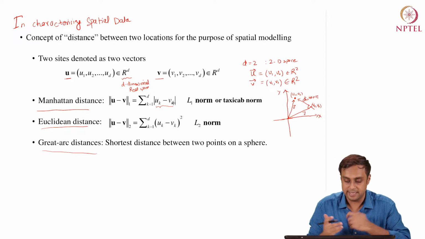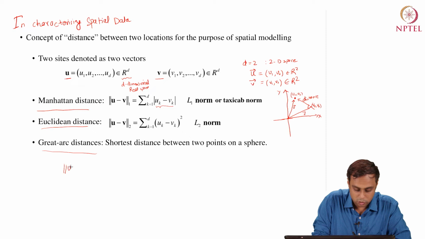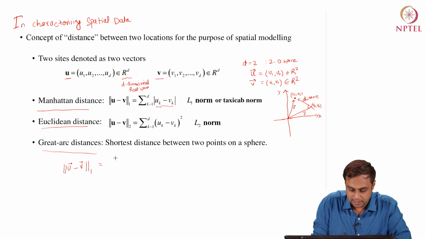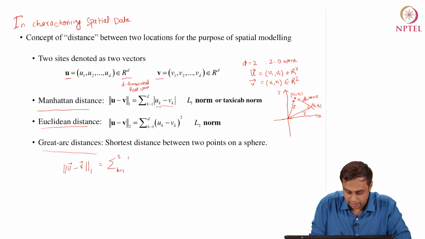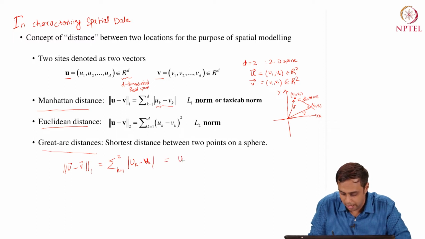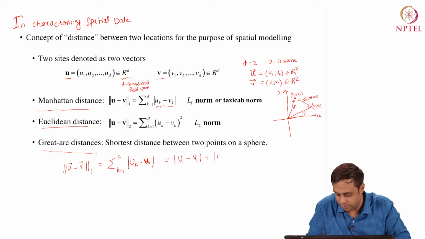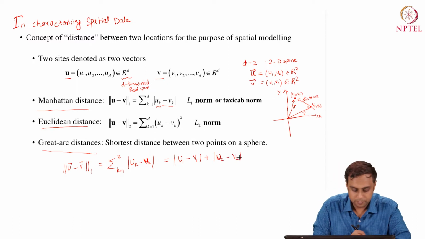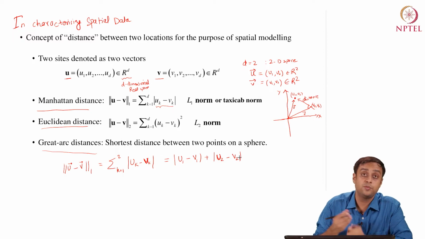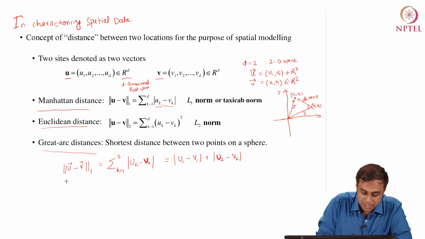So for our example, the Manhattan distance between u and v will be given as the summation over k equals 1 to 2 of the absolute difference between uk and vk, which is nothing but the absolute difference between u1 and v1 plus the absolute difference between u2 and v2. Okay.